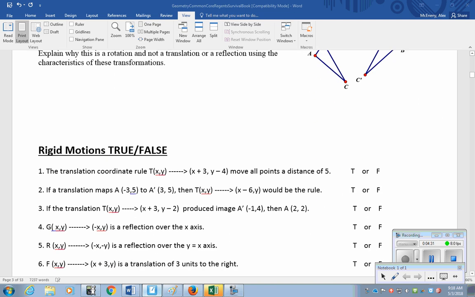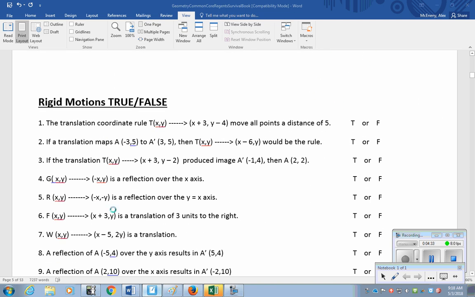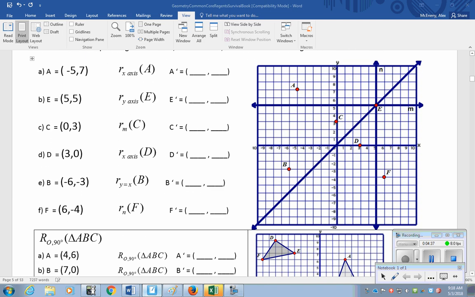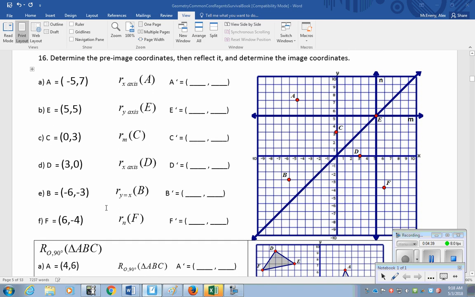4 and 5 and 6, we're going to look at one of the graph questions. If you go to page 6 at the top, you're going to see a use of those rules. The one we're going to look at right now, we'll look at C together. So C is the point 0, 3. We've got it right here on the coordinate grid.